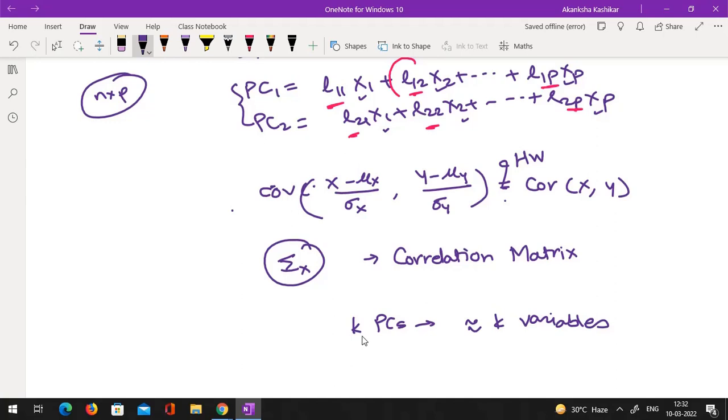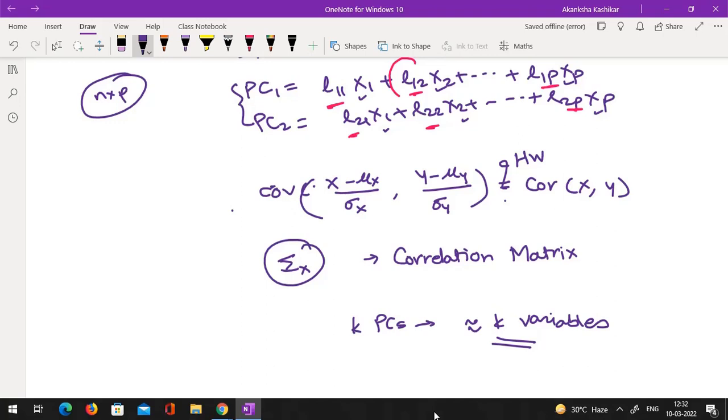But this is dimension reduction in the true sense, because if you do this PCA exercise on, say, some pilot data, and you identify some important variables, then later while collecting the entire actual data, you may not even collect data on all p variables. You may collect data only on k variables and still not lose much.